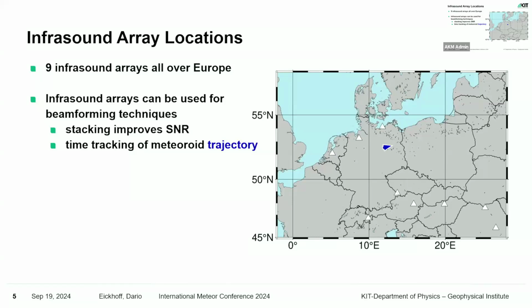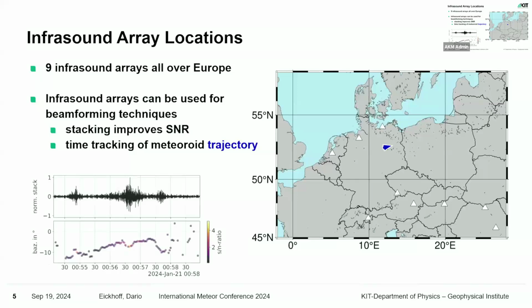And the second nice thing about beamforming is that we can time track certain properties of our wave that travels over our array. I will show it here on the lower left, and I hope everybody can see. On the top is the waveform of this stacked beam, so it's stacked pressure, more or less.